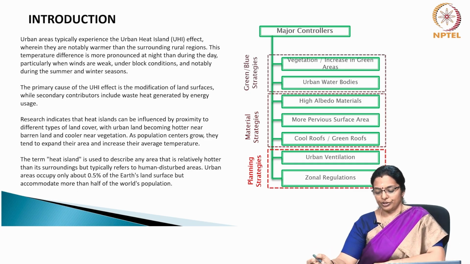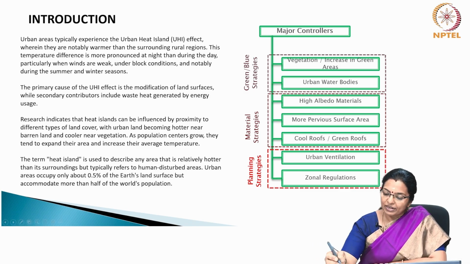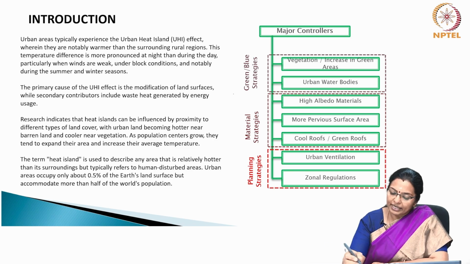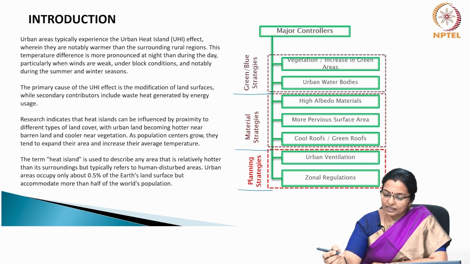So, if you look at the major controllers of urban heat island, the major controllers can be segregated into three. One is the green and blue strategy, second is material strategy, and third is planning strategy. The green and blue strategy refers to vegetation, so there is a need to increase green areas or vegetation.